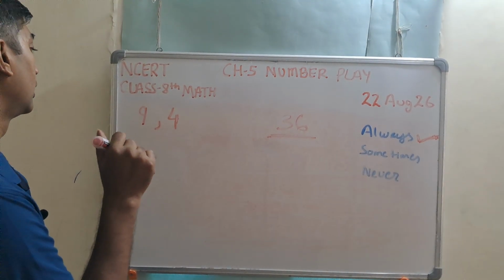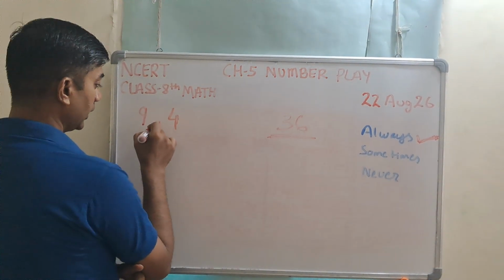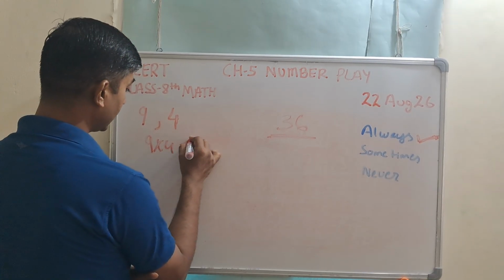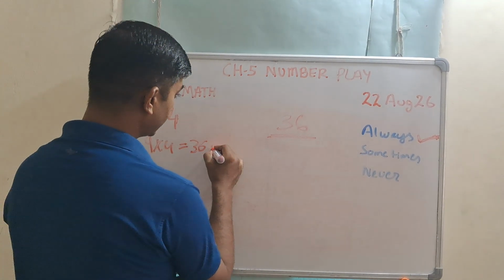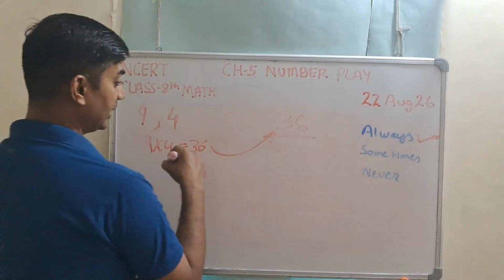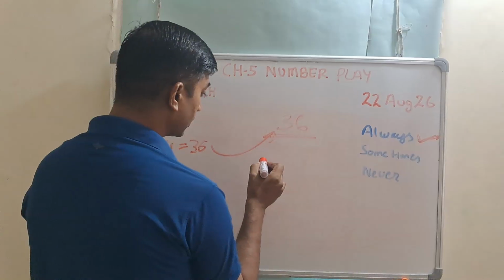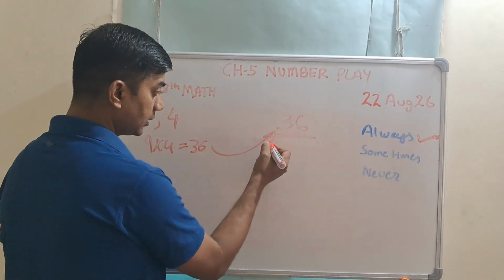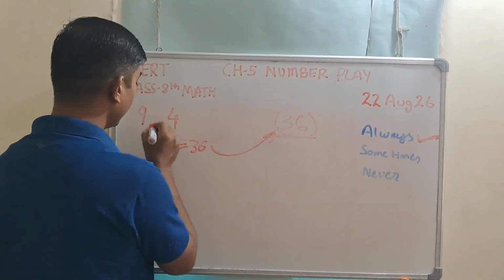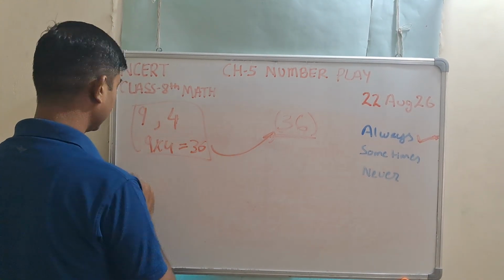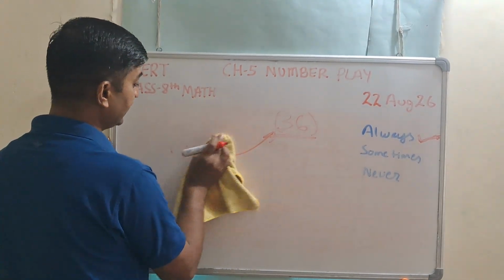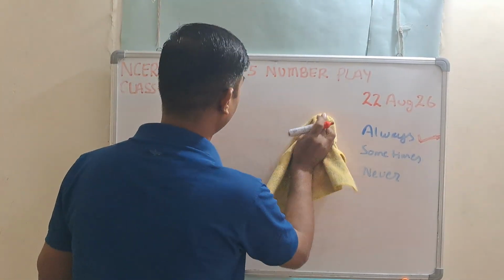Understood? So if we multiply 9 into 4, that is 36. So this number is also divisible by 36 exactly, and all the multiples of 36 are divisible by these two numbers. And this is the case which is always correct.